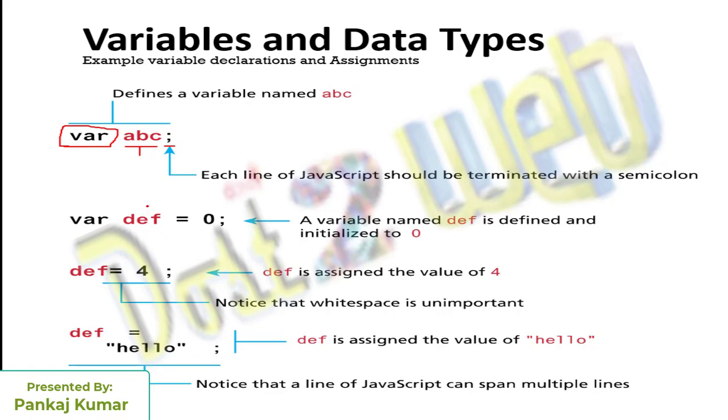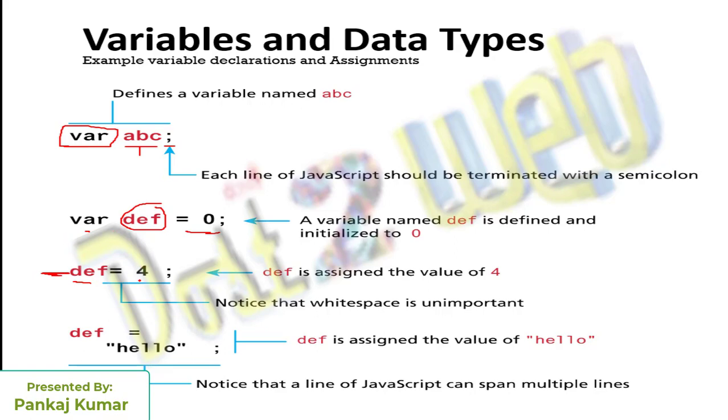Next, if you want to initialize to 0, you can also do that. Var def is equal to 0. That means the variable def has the value 0 assigned to it. On the next line, if you simply write def is equal to 4, you can see we have not written var here, but it will take the variable definition.